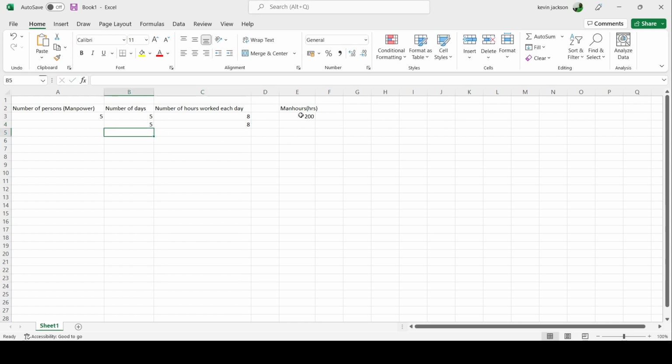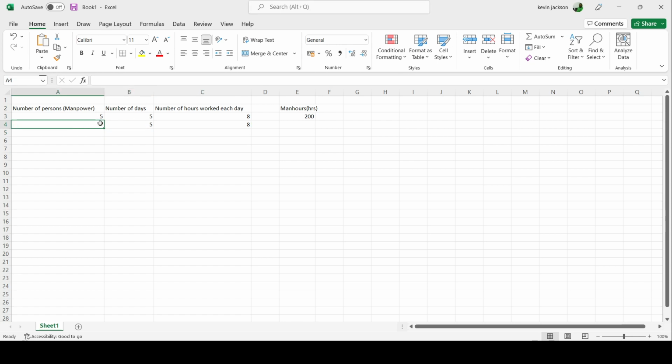Now, with a little bit of cheating, 200 times 5 equals 1,000, right? We could spin this formula so we could put the input in the man hours section, but just to keep it simple, if 5 times 200 gives you 1,000, and these things are fixed, this is the only variable.